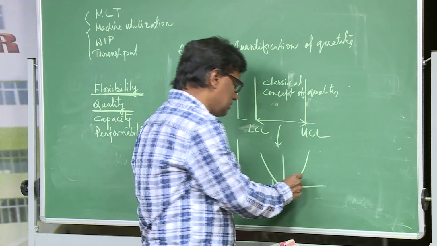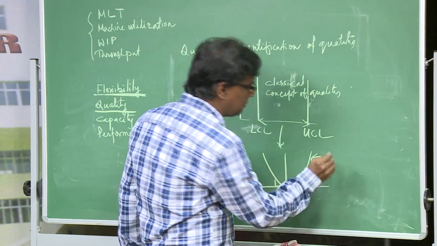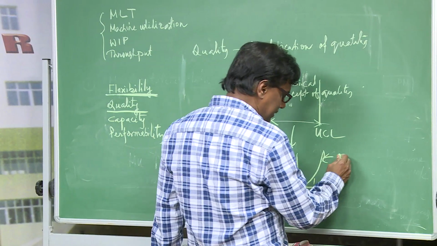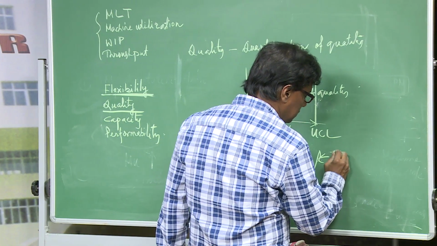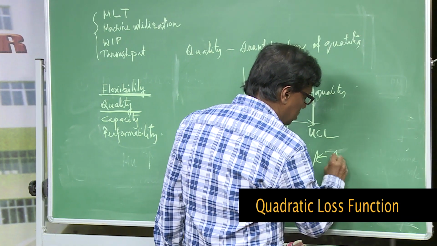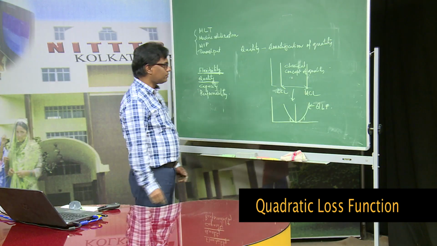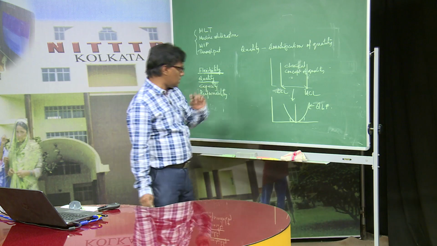Taguchi told this is quadratic in nature, a quadratic loss function. This is actually what quality is.